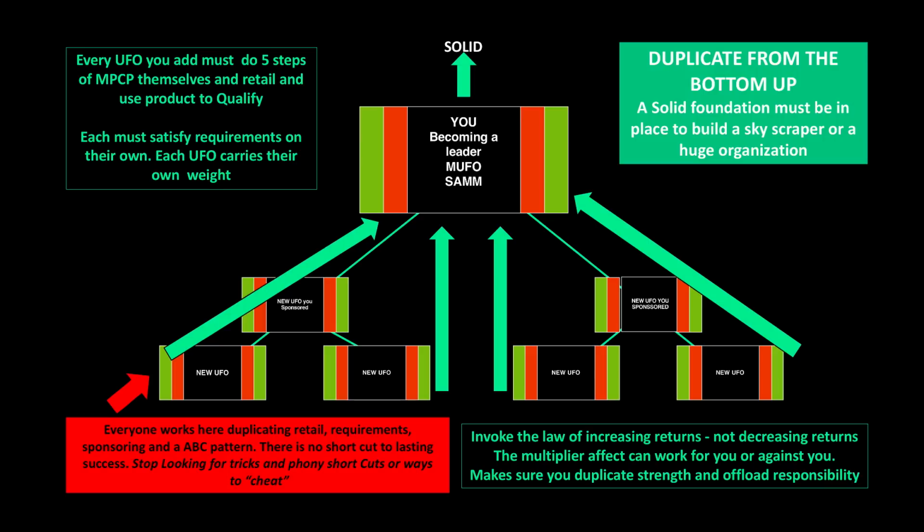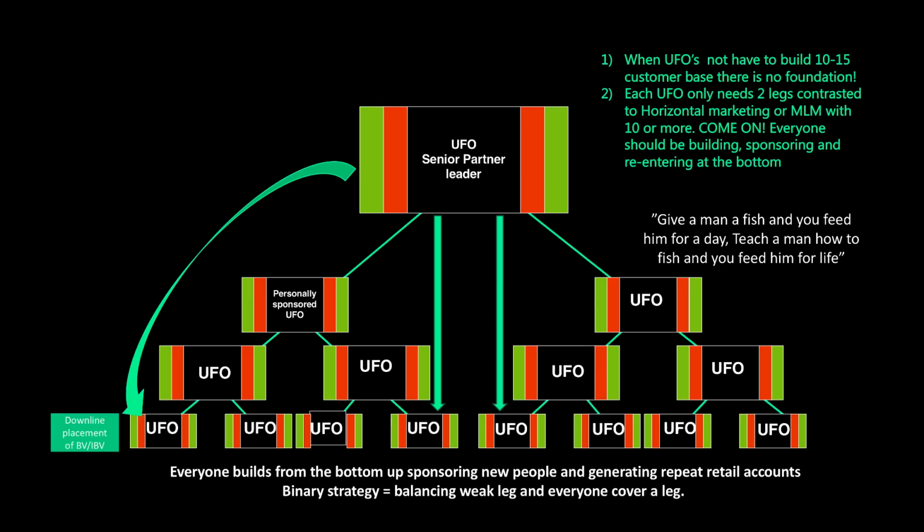And what downline placement does is actually invoke the law of decreasing returns. Building it right from the bottom up invokes the law of increasing returns and compounding. So when UFOs have not built a 10 to 15 customer base, there is no foundation. It's built on air.